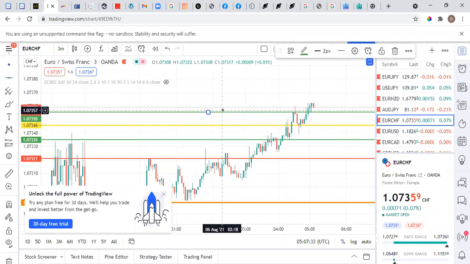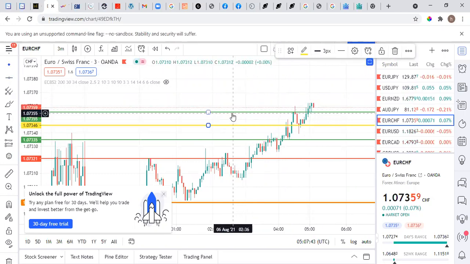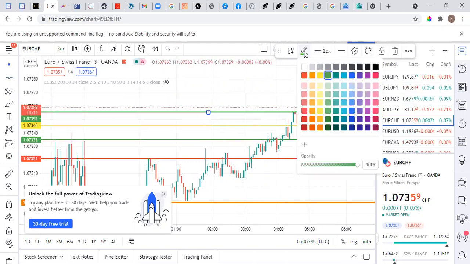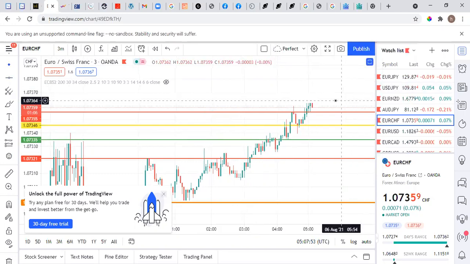Let me make this yellow, and I'll make this one red. You know your traffic light now. Red, stop; yellow, ready to go; and green, go.